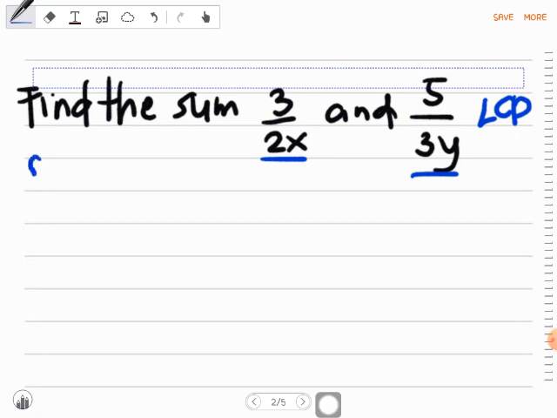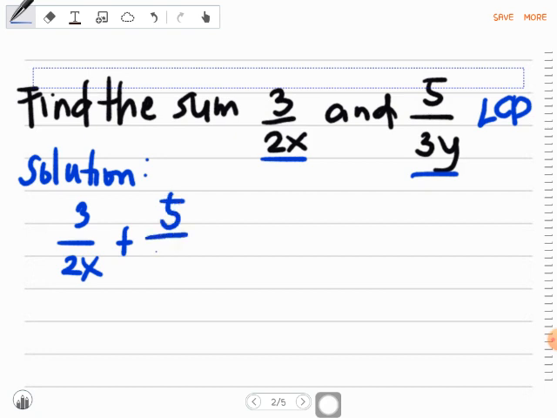So, for the solution, we have 3 over 2x plus 5 over 3y equals, hindi natin pwedeng i-add ang dalawa.